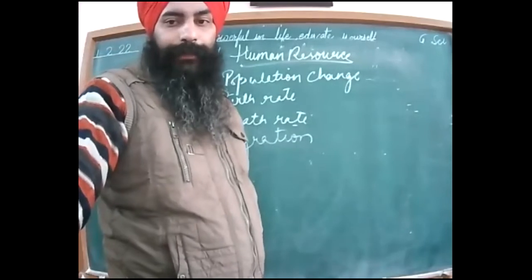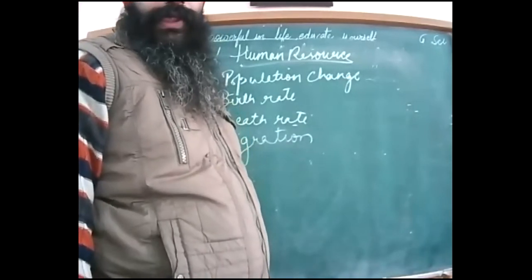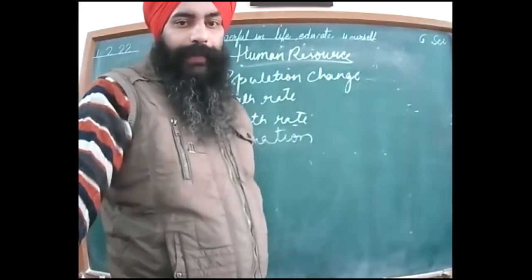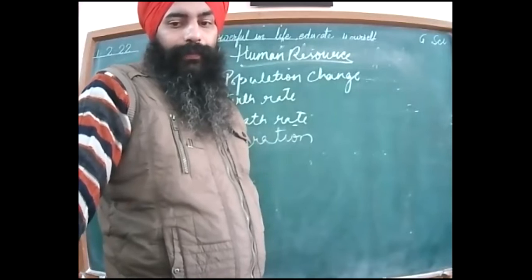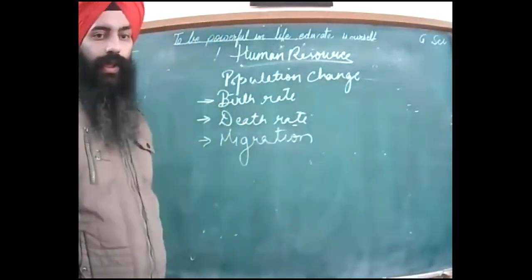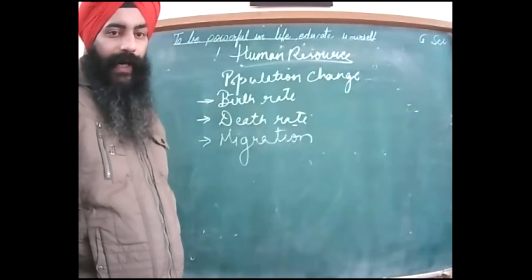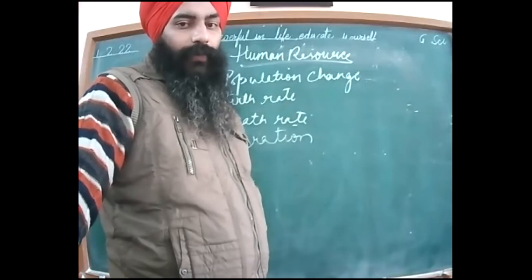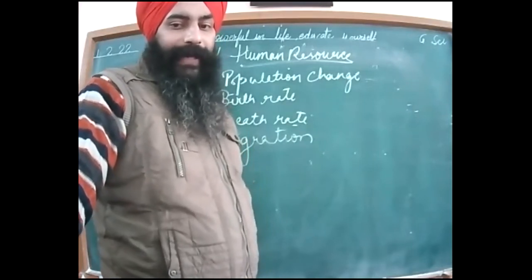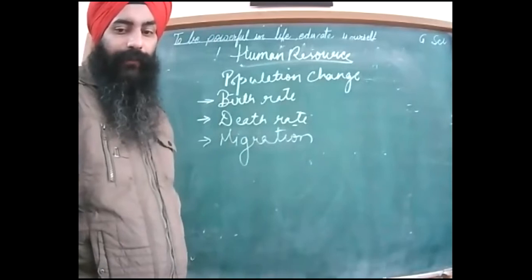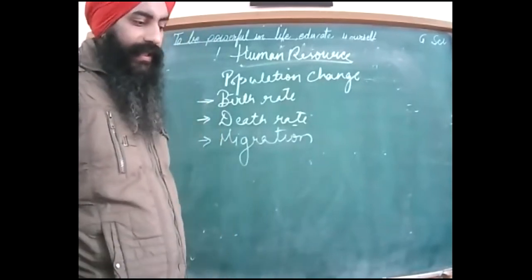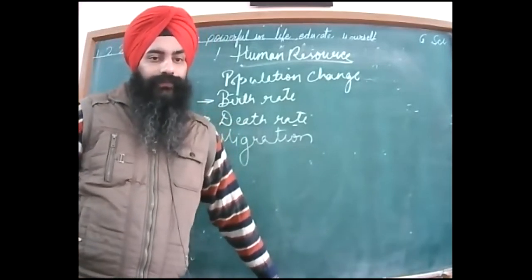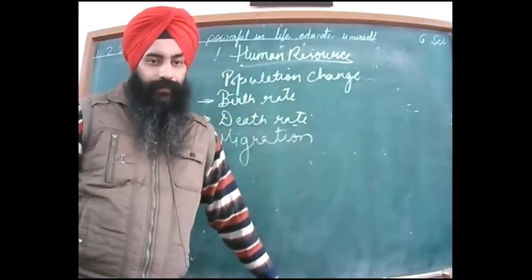Migration is the third component of population change, which refers to the movement of people from one place to another in search of better living conditions. That's why the population moves from villages towards the cities, for better living conditions and employment opportunities.